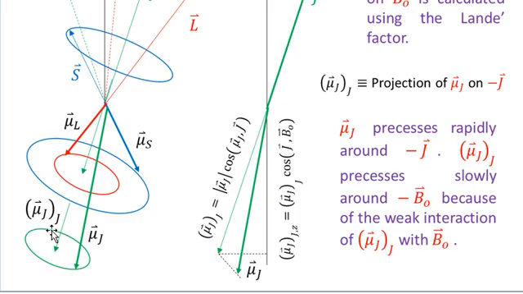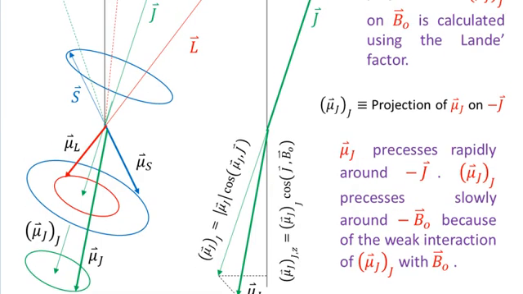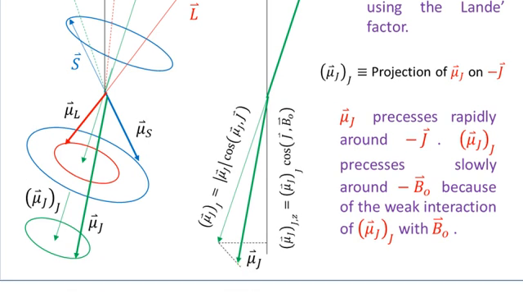Now, what is mu jj? Mu jj is actually the jth component of this mu j vector along the direction opposite to the j vector. You know that this mu jj is exactly anti-parallel to the vector j. So you can notice that this j vector and the mu jj vector are exactly anti-parallel to each other, whereas mu j is slightly shifted from being anti-parallel.